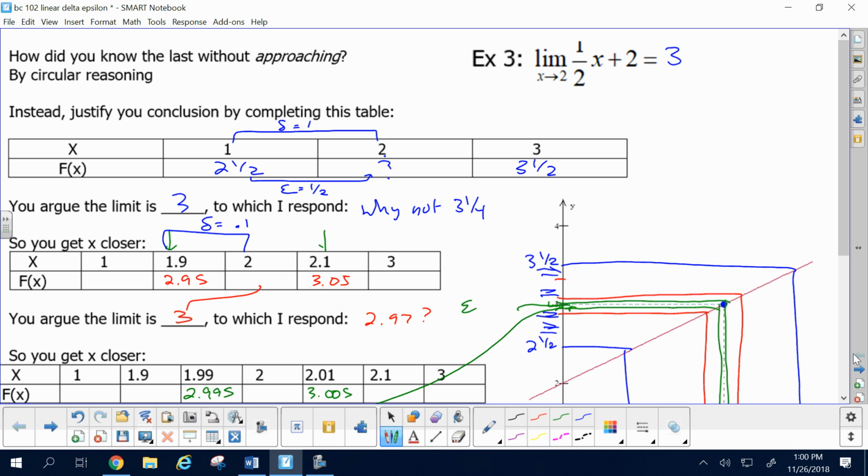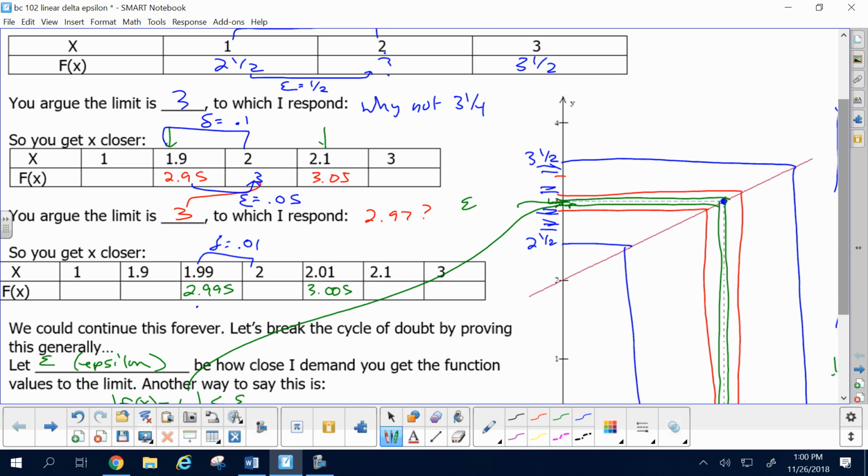The result then is the epsilon, or how close I got to the 3 value I expected, was 0.05. And later on, when delta was 0.01, epsilon was 0.005. You can see then that the delta and the epsilon are related, obviously, but they're not equal.